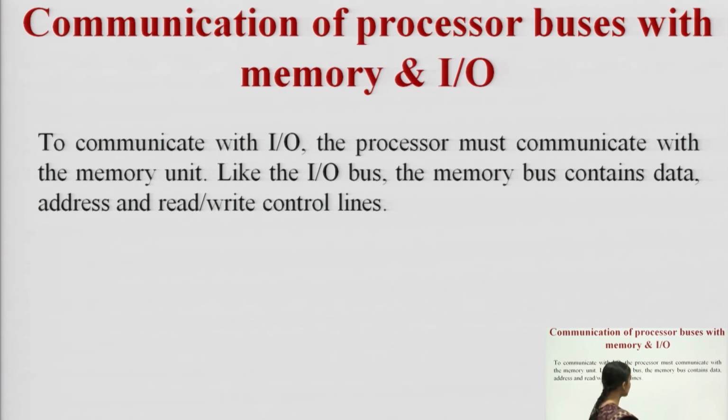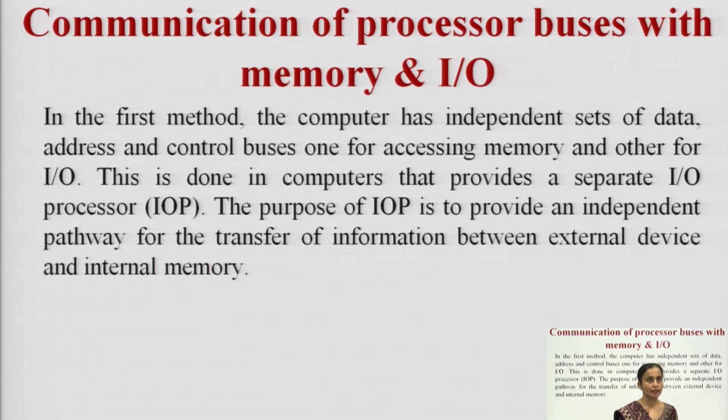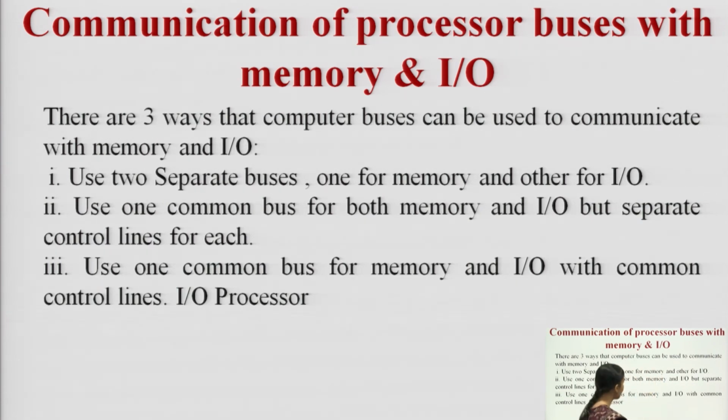Then let us discuss the communication of processor buses with the memory and IO. To communicate with IO, the processor must communicate with the memory unit. Like the IO bus, the memory bus also contains the data, address and read write control lines. There are three ways that the computer bus can be used to communicate with the memory and IO. The first method is to use two separate buses, one for the memory and another for IO.